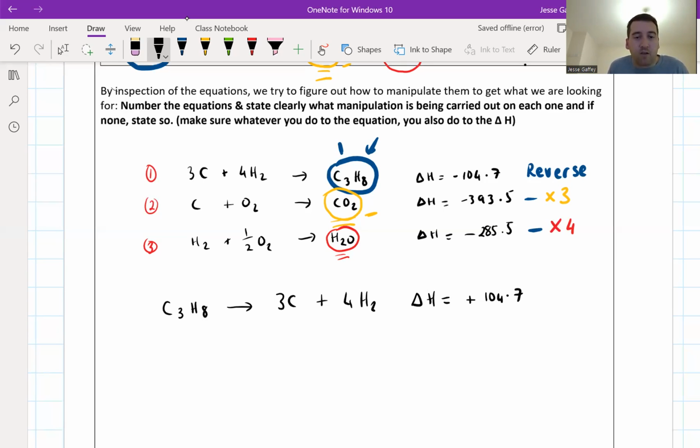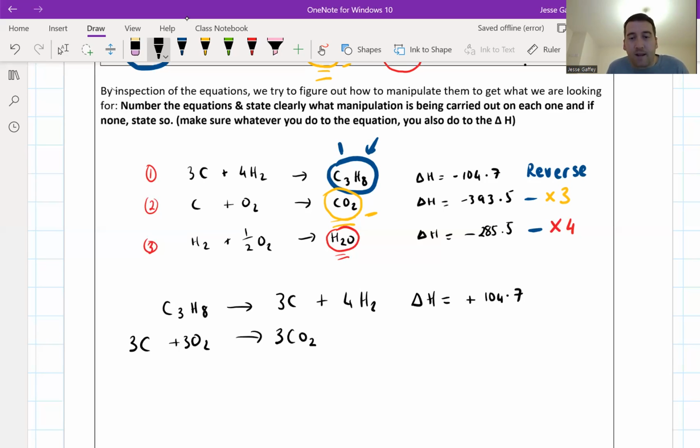This one doesn't get reversed, so it's still C plus O2, and these are reacting to make CO2, but now it's times by 3. So now it's 3C plus 3 O2s react to make 3 CO2s.